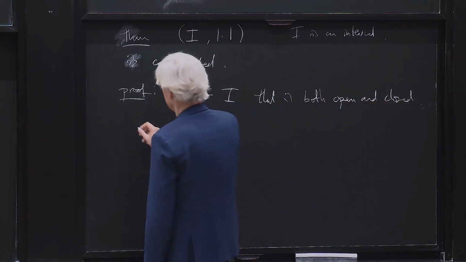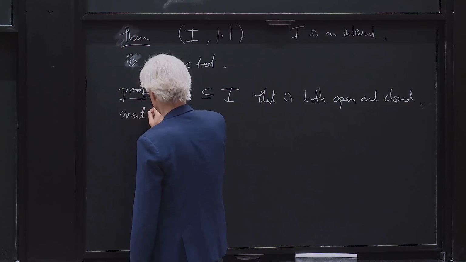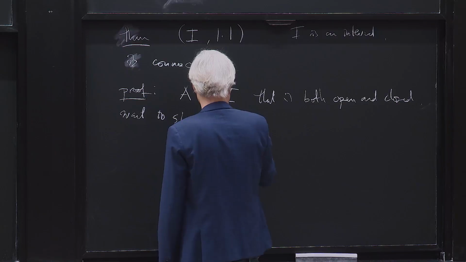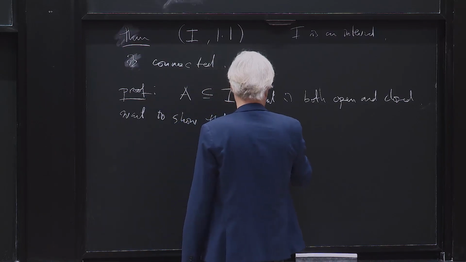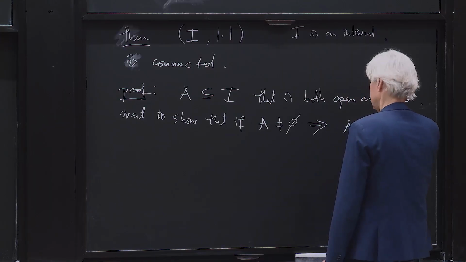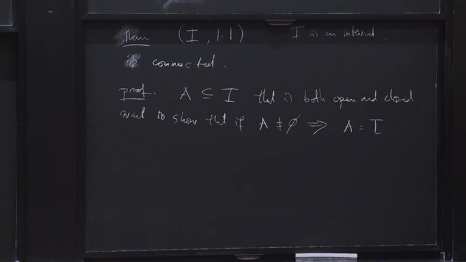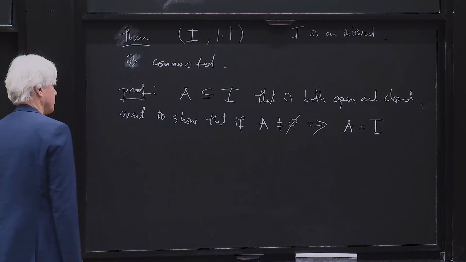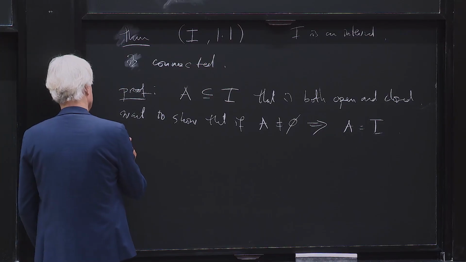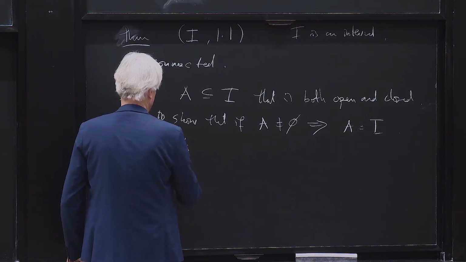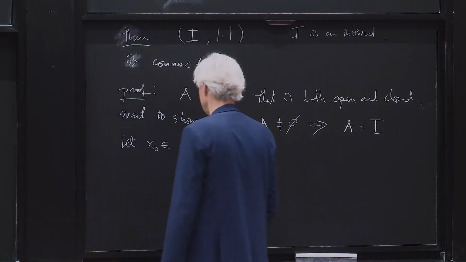And we want to show that if A is non-empty, then it implies that A is everything, right? So we're assuming that it's non-empty, and then we should try to prove that A is everything. So we let x0 be an element in A.